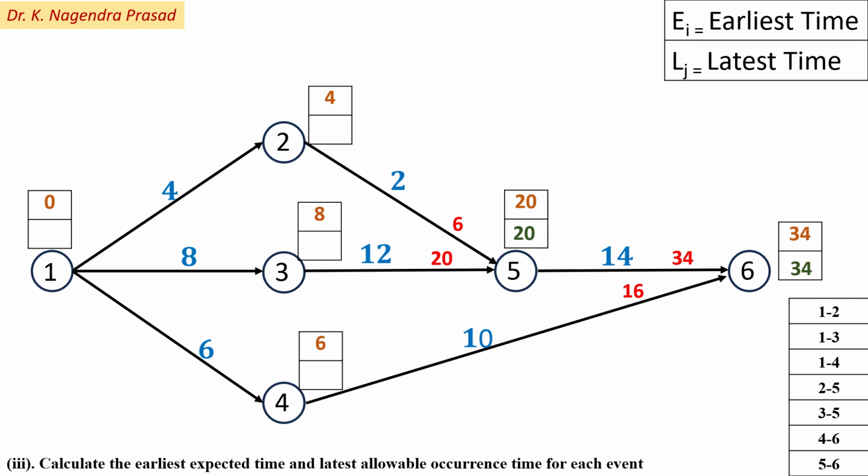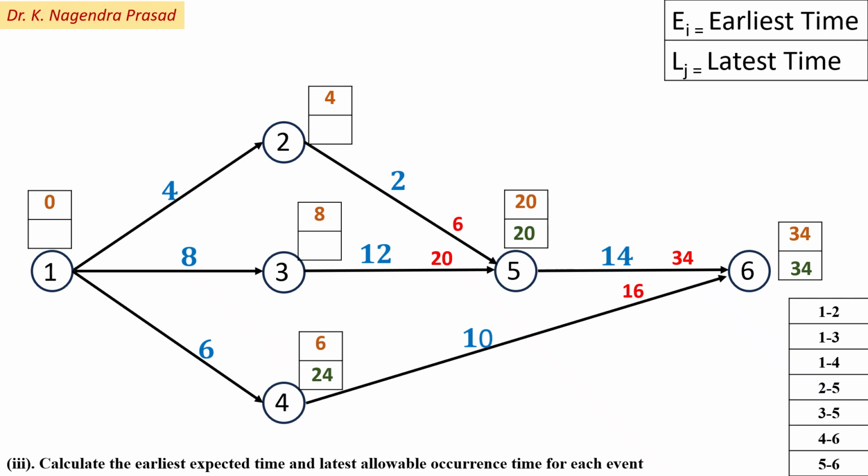So next one is activity 4 to 6. Finish time is 34 at event 6 and the start time will become 34 minus 10, which is equal to 24 at event 4.